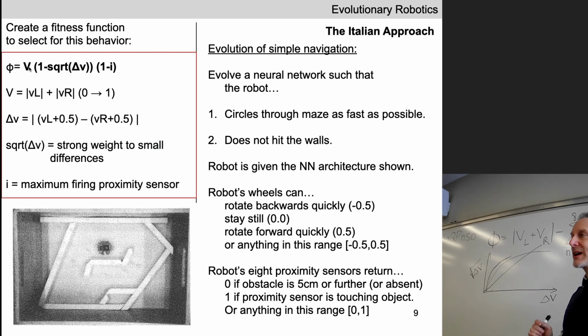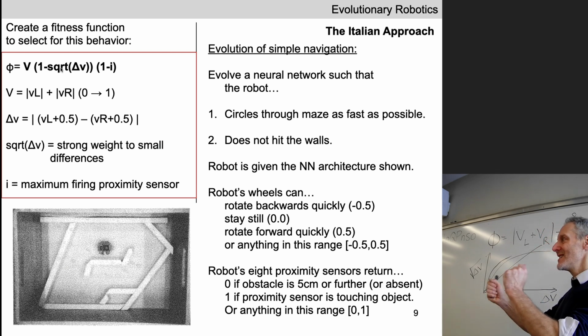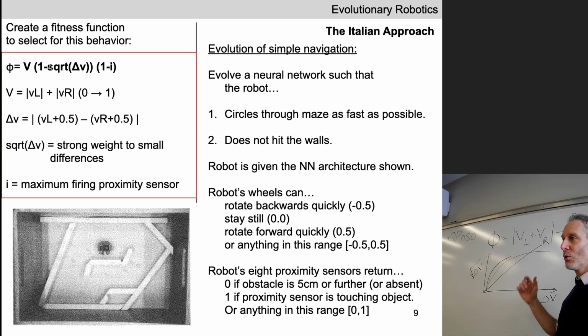Okay, so uppercase V rewards for high magnitude at the wheels. It's multiplied by the second term, which penalizes differences between the magnitudes of the wheels, which taken together gives us more or less something like this. But it's got a little twist in it. It's punishing this a little bit more.